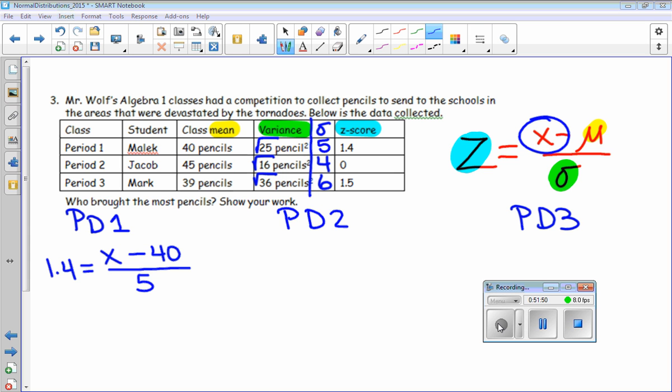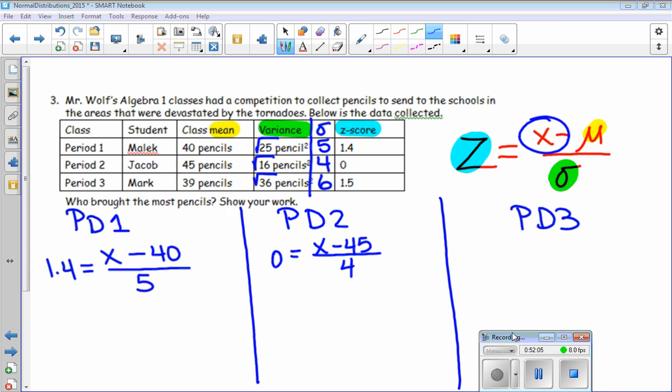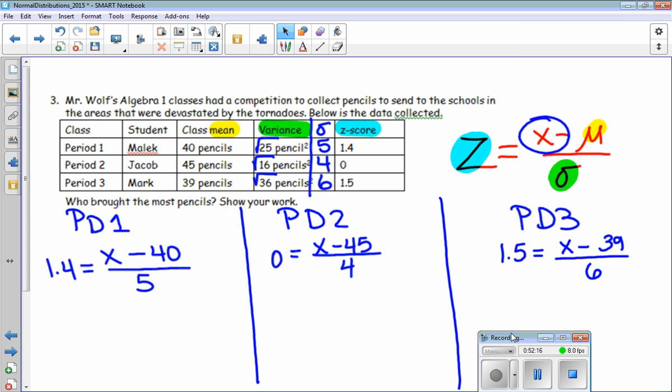You're going to solve that for x. We're going to do the same type of thing for periods 2 and 3. Tell me what you get for each of those values for x.